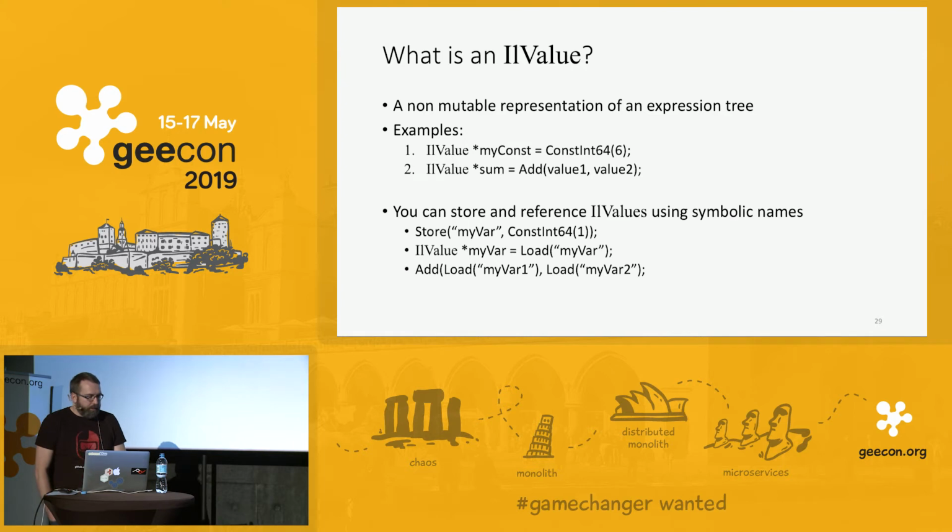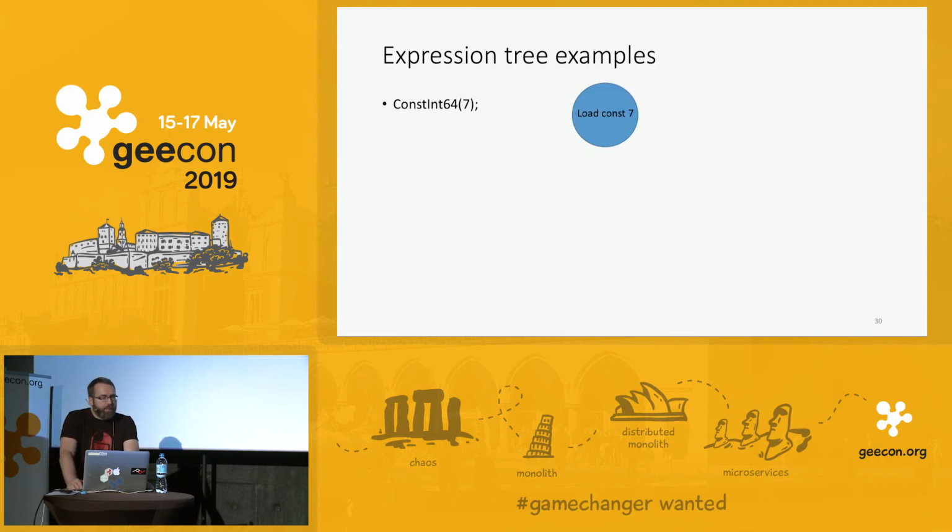I'm just doing these as 64-bit constants. The add takes 2 values and returns a value. And any place you can use them by pointer, as I am in the top examples, you can also reference them by name, to make it easier to have symbolic names if people so choose.